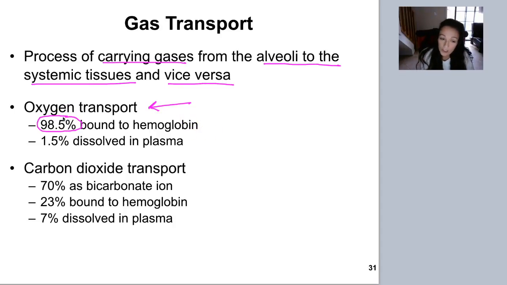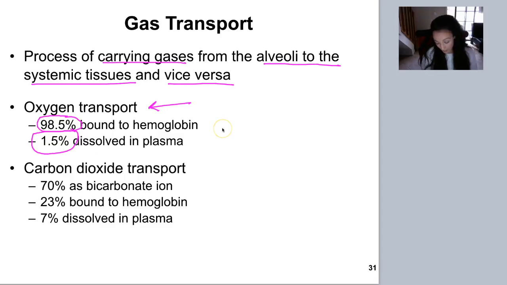Most of the oxygen in our blood is actually attached to hemoglobin. We're going to talk about how that works coming up here. And only a small percentage of the oxygen is dissolved in our blood plasma. But it is important to know that we do have a little bit of oxygen dissolved in the plasma, just like we do carbon dioxide that we'll see in a moment.